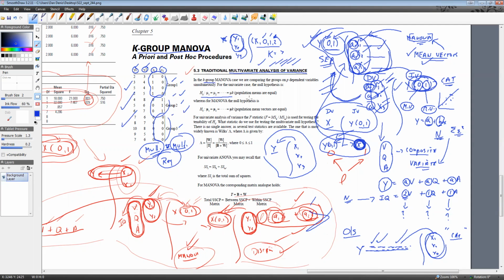There's our null hypothesis: K population means are equal. In the univariate case, those are just population means. In MANOVA, we're dealing with vectors, equal vectors.